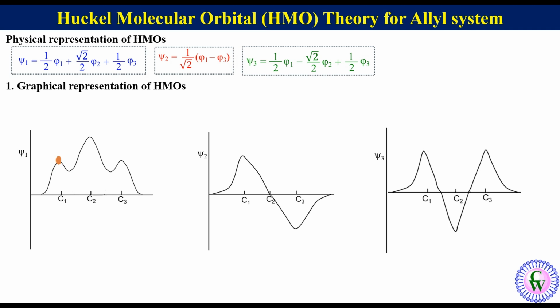Beyond this point, it decreases, reaches a minima, starts increasing till it reaches maxima near C2, then continuously decreases, reaches minima between C2 and C3, again increases, reaches maxima near C3, and then falls off continuously. The function psi 2 changes its sign at C2.